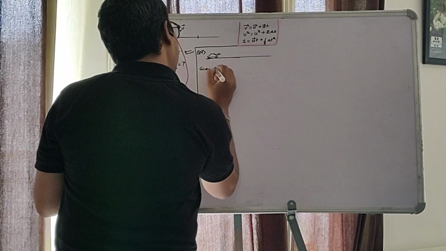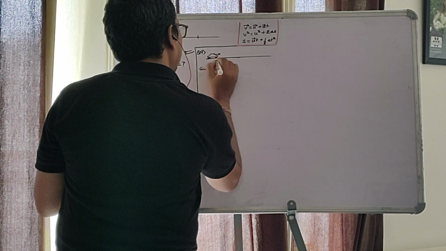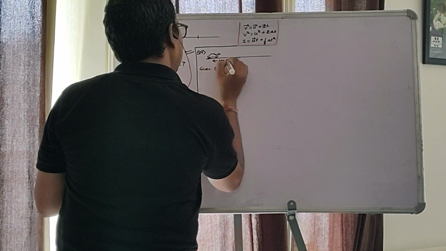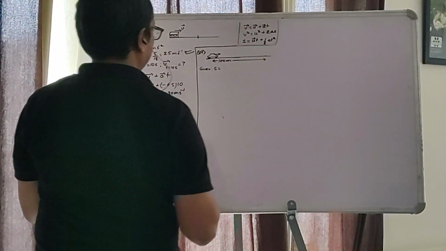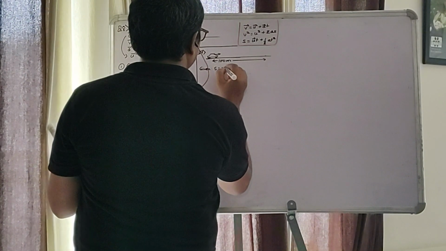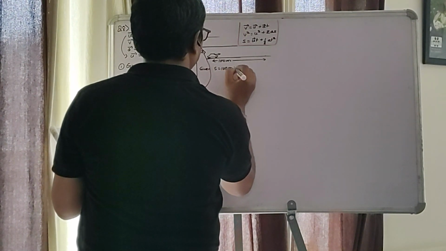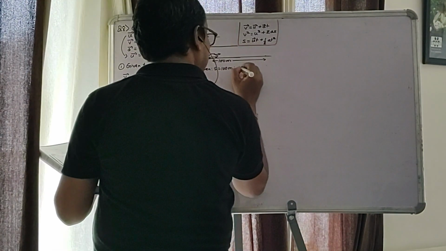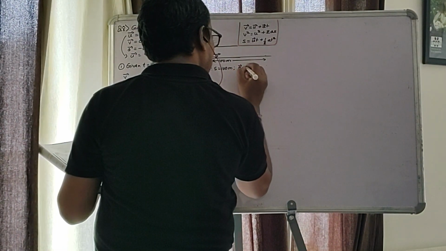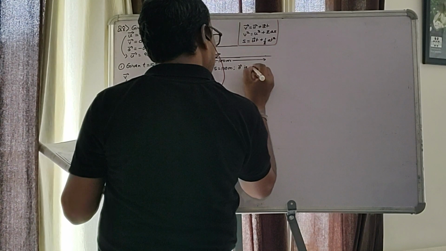Given is that car travels 100 meter. So S is given, the value of S is 100 meter, with a constant acceleration. It is given that acceleration is constant.